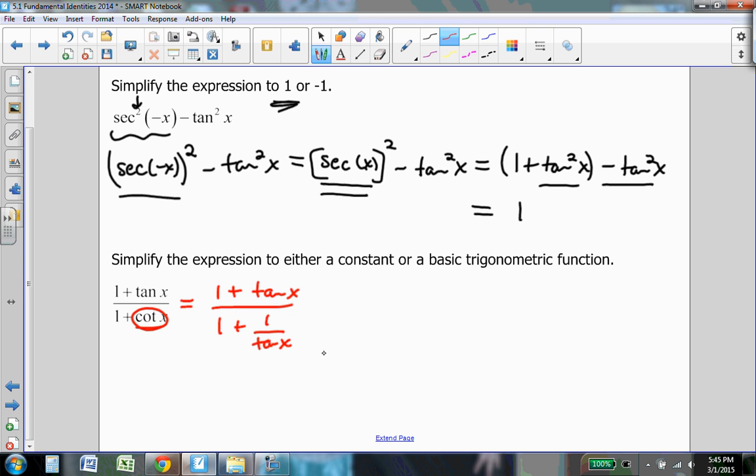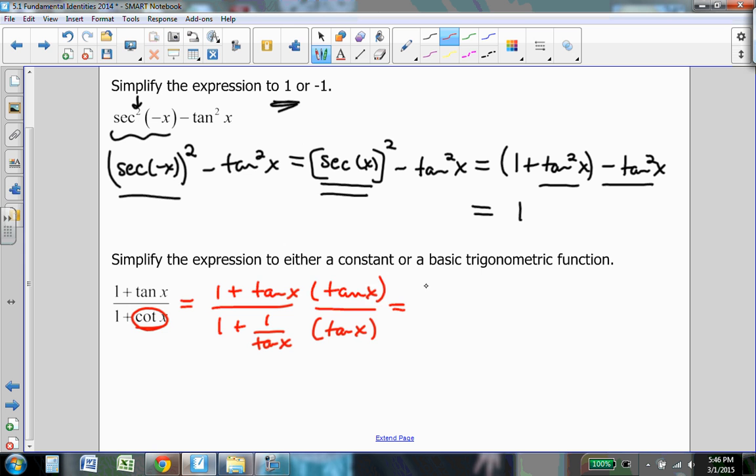Now, it would be nice if we didn't have a denominator like that. And we can actually rectify that situation by simply multiplying the top and the bottom by the tangent of x. When I do that, I'm going to distribute on the bottom, but not necessarily on the top.